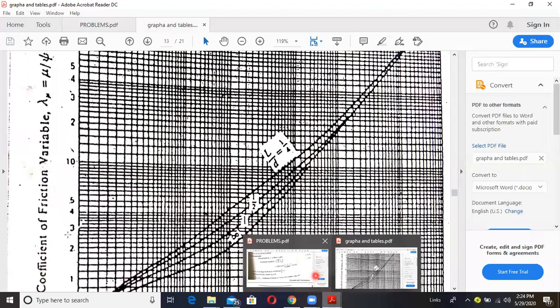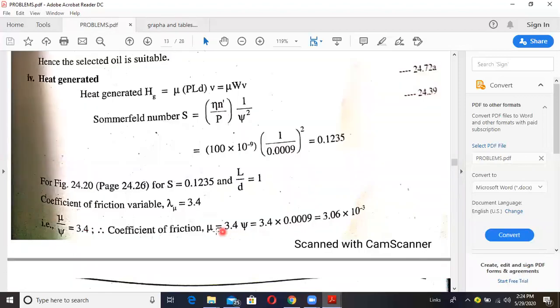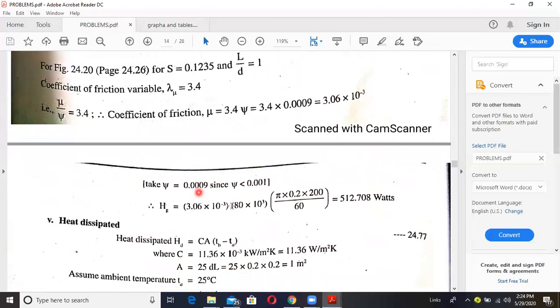Xi in the previous step you have calculated. Now we can calculate the coefficient of friction. Mu we will get as 3.06 into 10 to the power of minus something. Once you get mu, substitute mu, substitute W, and substitute V. V is nothing but pi DN divided by 60. So we'll get the value of HG.